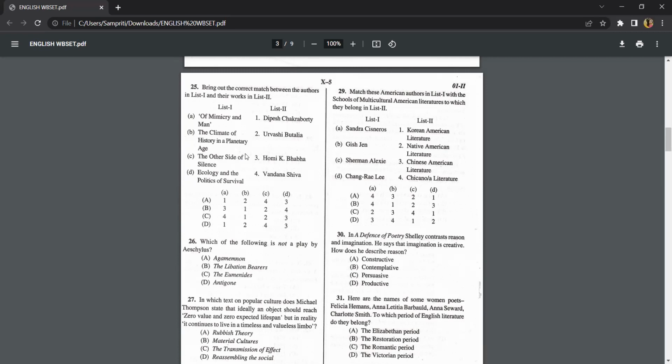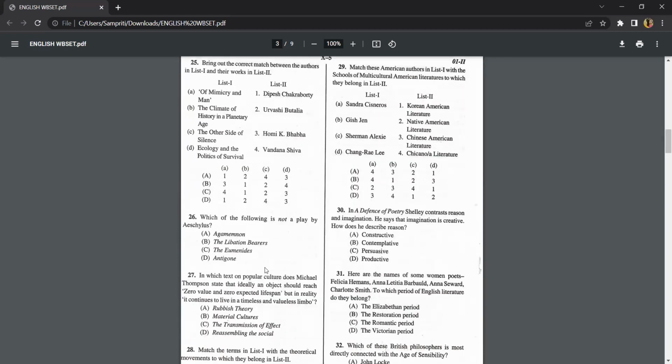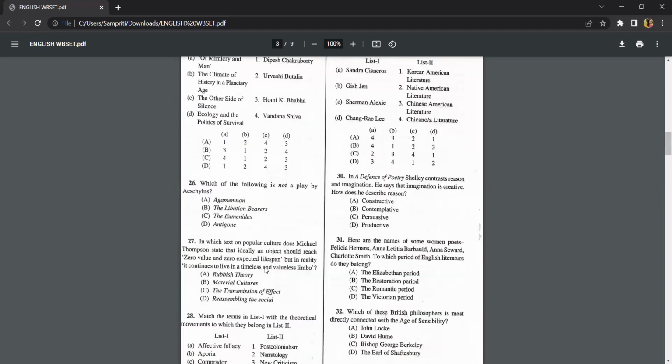I think this year, in the evening shift, and in the morning shift The Other Side of Silence by Urvashi Butalia was asked. So in NET, you can see how all are interconnected: NET, SET, GATE. GATE is also coming next month. So option B is the correct answer for question number 25.